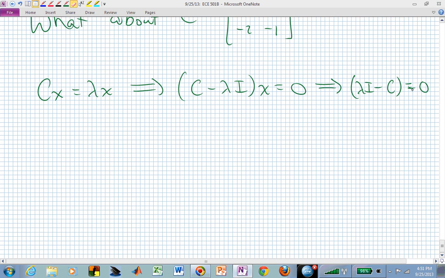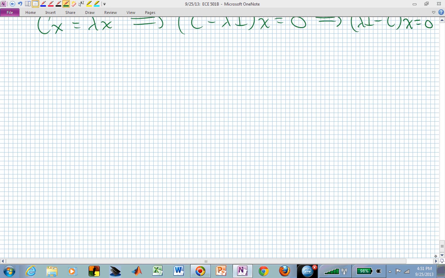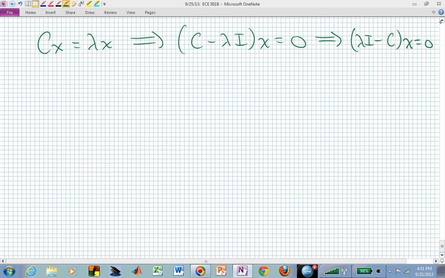What am I missing? I can multiply by minus 1, but I can't remove an x, can I? So there's lambda I minus C times x is equal to 0.